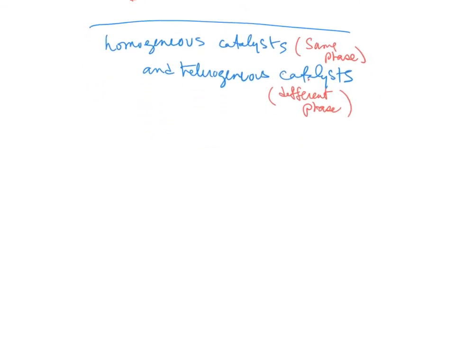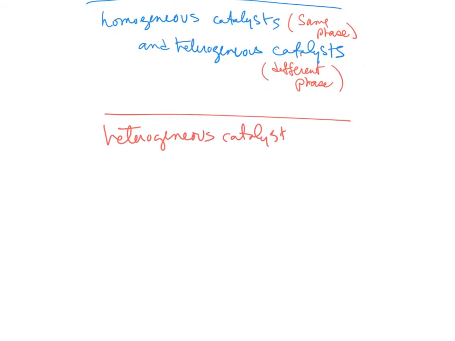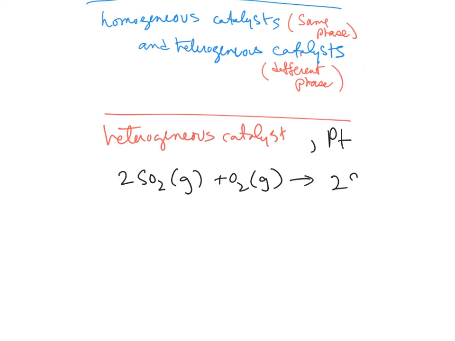An example of a heterogeneous catalyst is platinum. And here's an example, 2 SO2s in the gas phase plus O2 in the gas phase is very slow to form 2 SO3 in the gas phase. Turns out if you add a platinum catalyst, then things go very quickly.